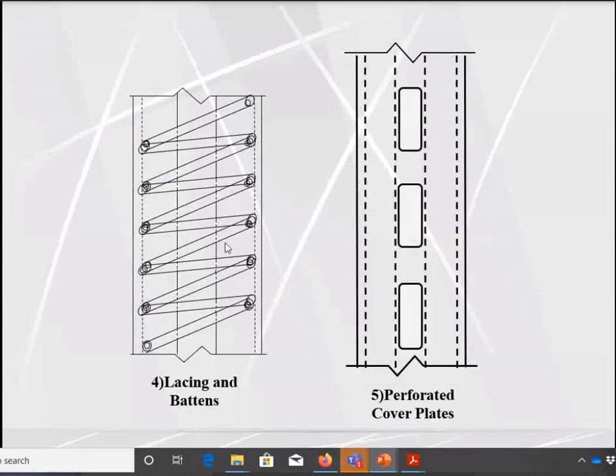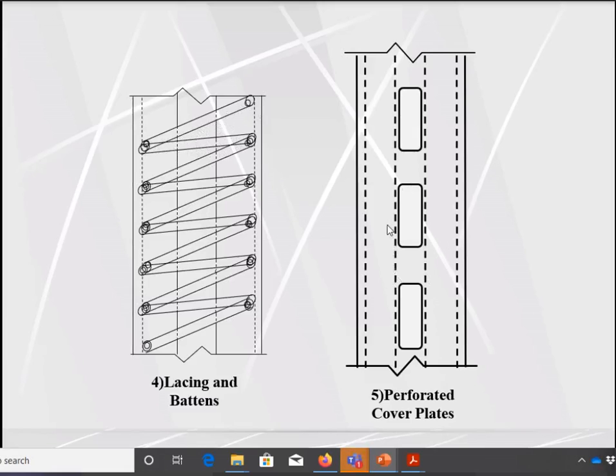This is the fourth type of lattice, the configuration of the lacing. In this case, you may see that we are connecting both sections with inclined steel bar or steel plate and also with horizontal ones. Here we are using both lacing and batten configuration.